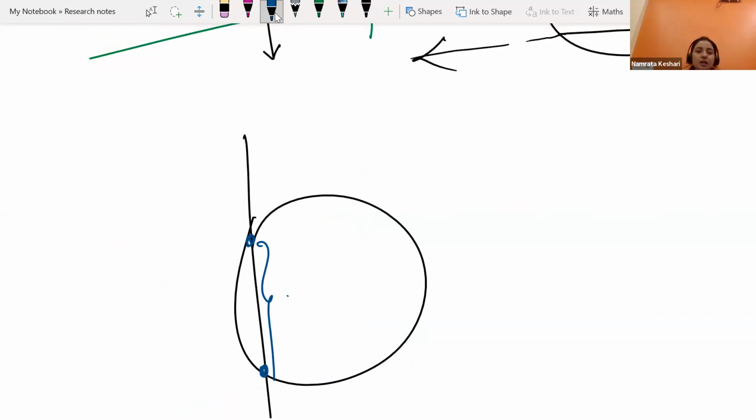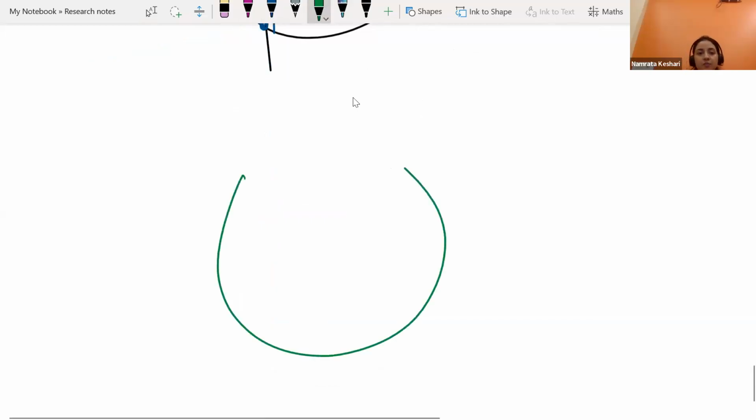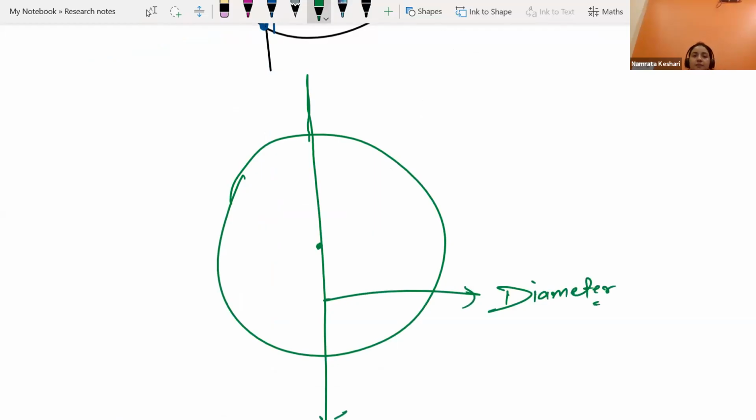Am I making sense? And what if it is passing through the radius? If it is passing through the radius like this, a secant is there, and if it is passing through the radius like this, then it is giving us a diameter. Can you see it? Getting it?